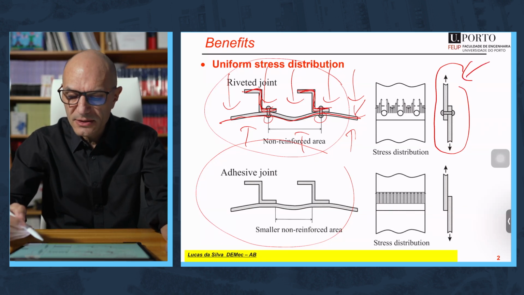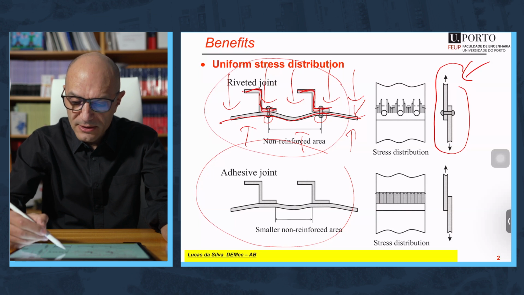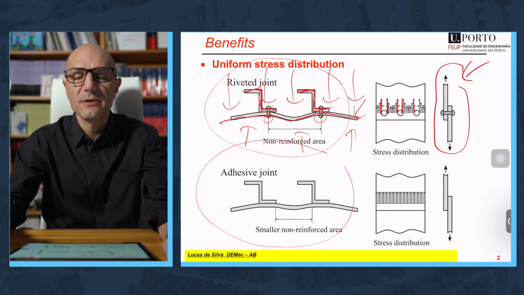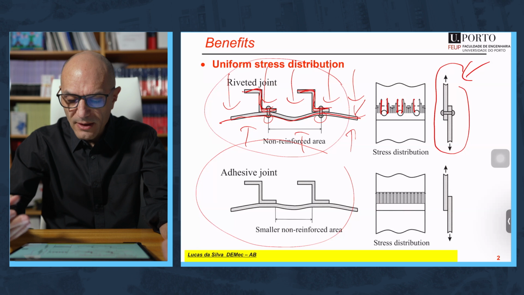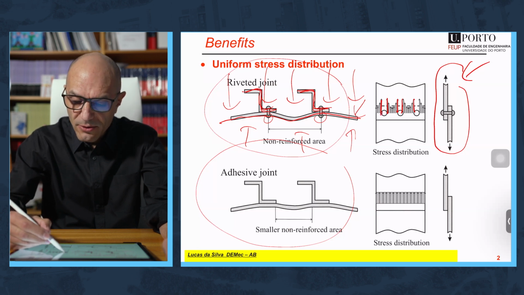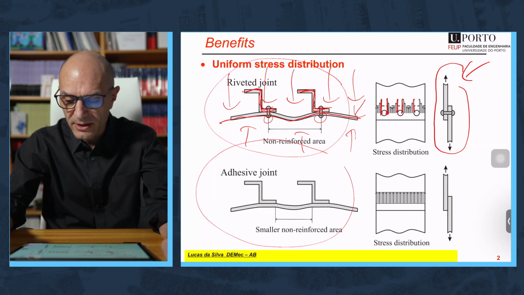How is the stress distribution along the width? Well, you can see that next to the hole of the rivet you have high stress concentrations, which is not nice in terms of static strength, but even worse than this is not nice in terms of fatigue, because you will have here crack initiation and then propagation.